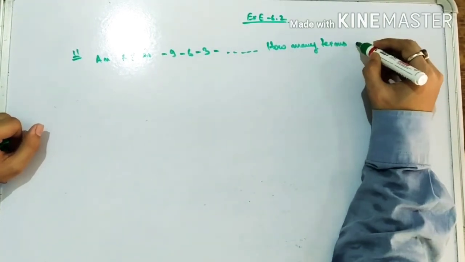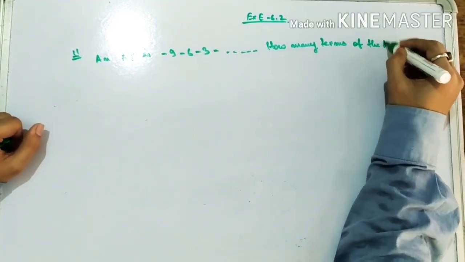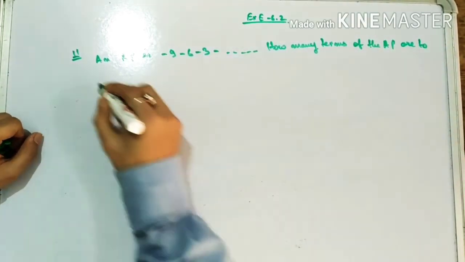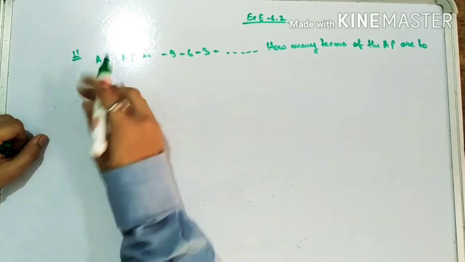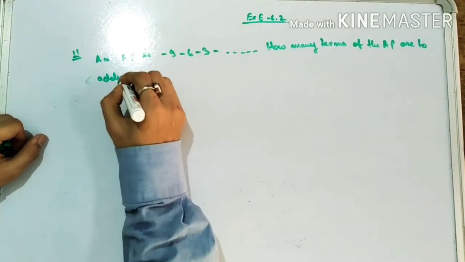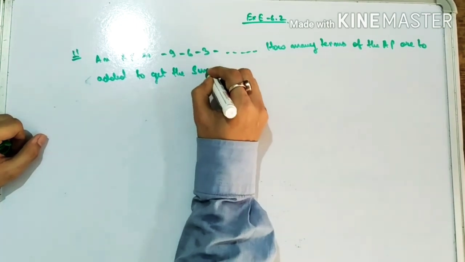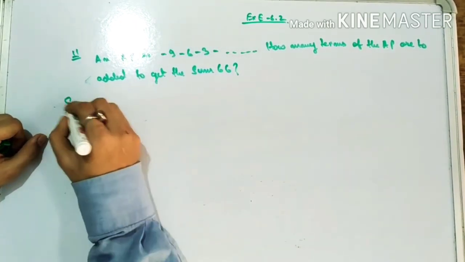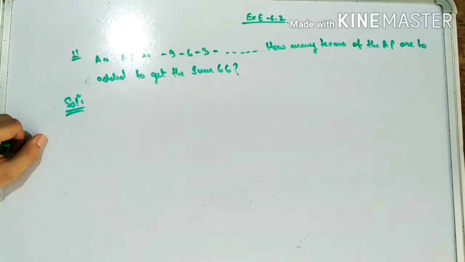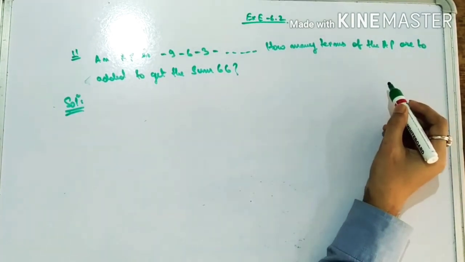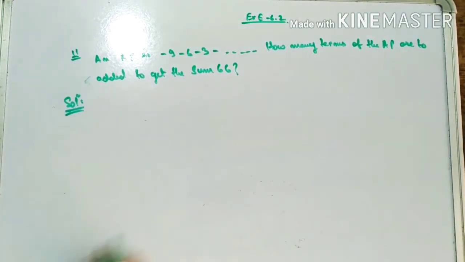How many terms of the AP are to be added to get the sum 66? Okay, to get the sum 66. And AP is -9, -6, -3, dot dot dot. How many terms of the AP are to be added to get the sum 66?